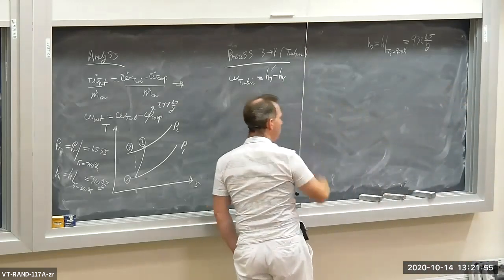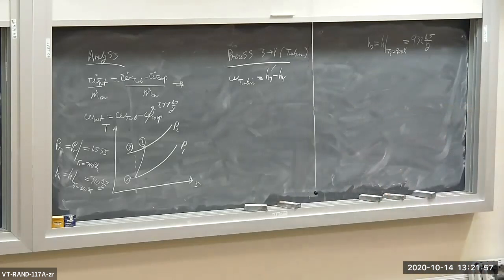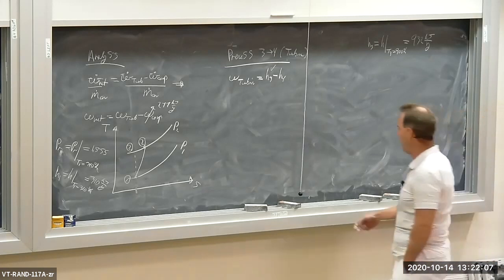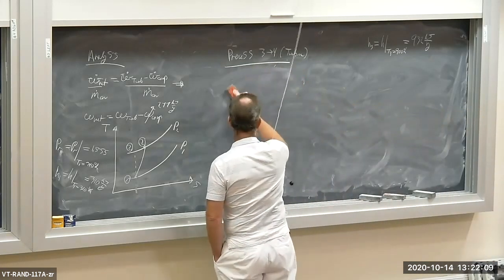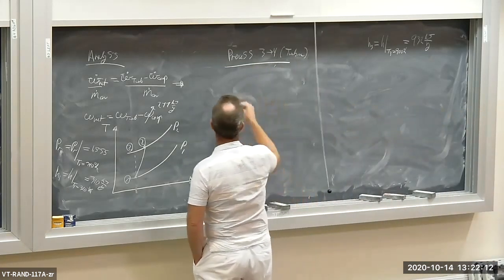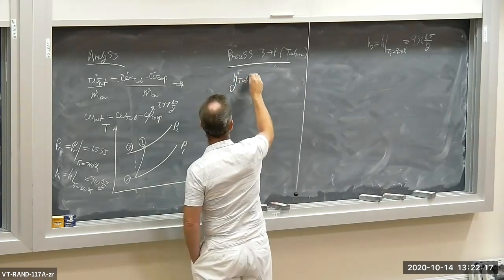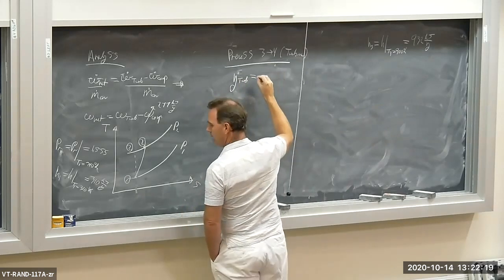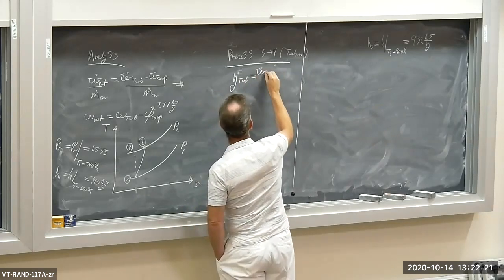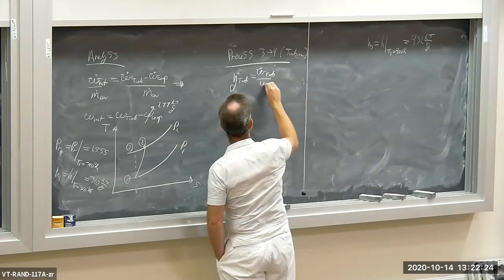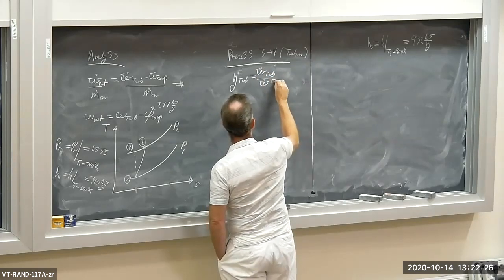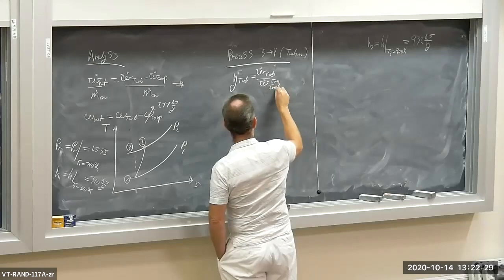I don't know H4. I know the pressure, but it's an irreversible turbine, so it's not a constant entropy process. So I can't do this, like with the compressor. But I can use the definition of isentropic efficiency. The isentropic efficiency for the turbine is defined as the actual work from the turbine divided by the isentropic work of the turbine.